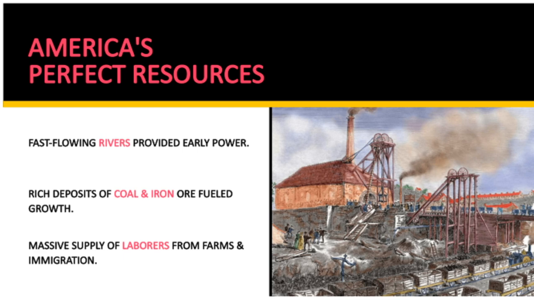Before widespread electricity, these rivers powered mills and factories, helping industries operate more efficiently and at a larger scale. All of these factors, abundant labor, natural resources, and water power, come together to form what we can call America's perfect resources. They created the foundation for the country's rapid industrialization and economic expansion.